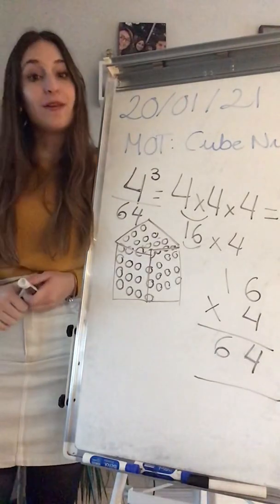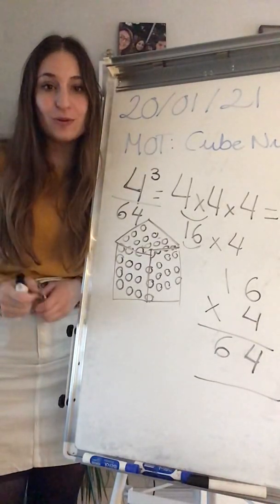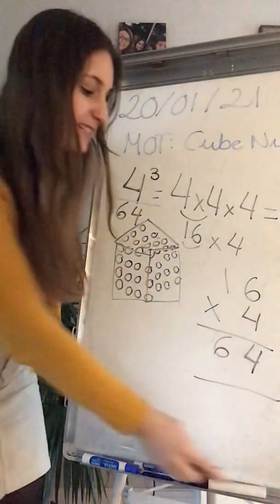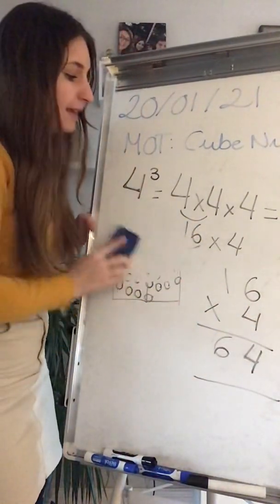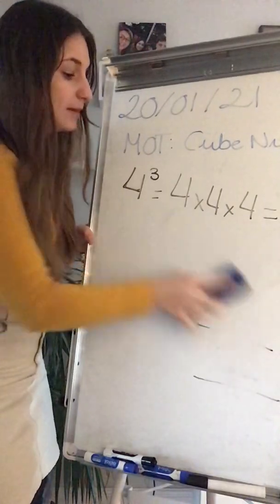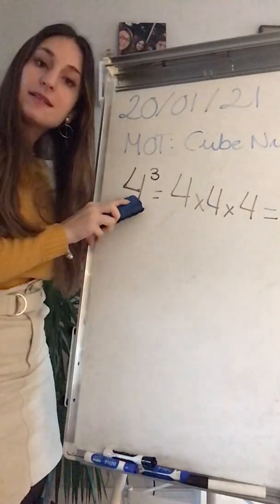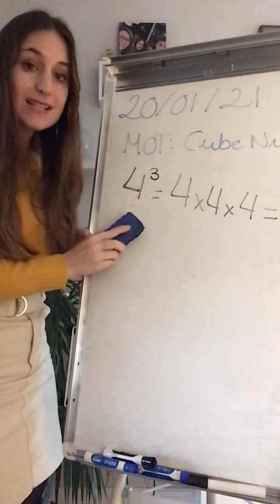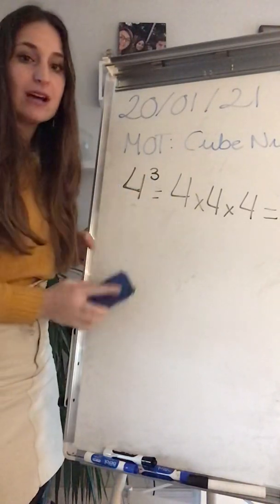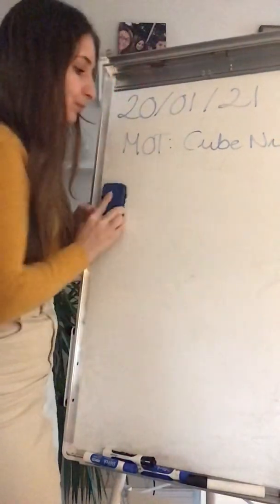Alright, are you ready? I'm going to send you to do some for me. Really simple, forget about my drawing, we just need to times the number by itself. If yesterday we were doing square and it was timed by itself twice, now it's timing it by itself 3 times and it's called cube.